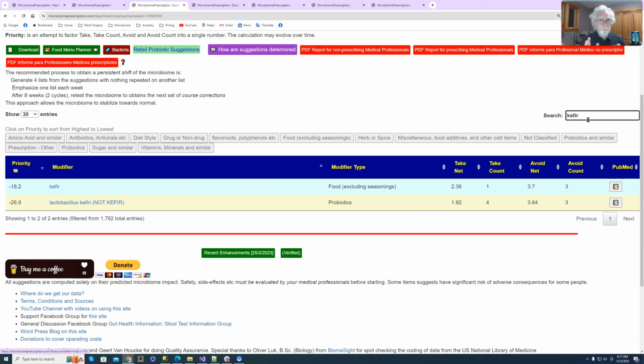Not guaranteed to help, just simply increase the odds of helping. These are suggestions of how to hint or shift your microbiome towards a healthier state. Doesn't guarantee it will fix it, but generally my experience has been that it helps improve people's microbiomes.